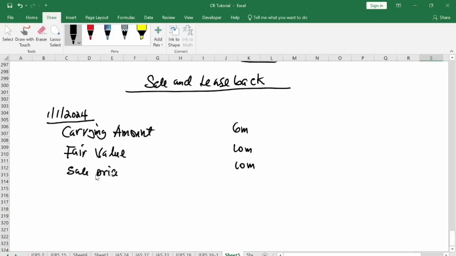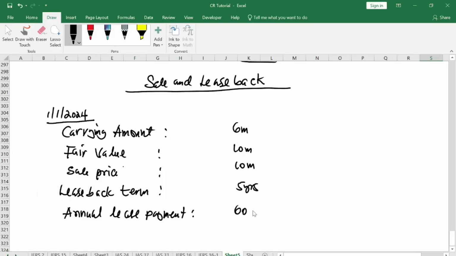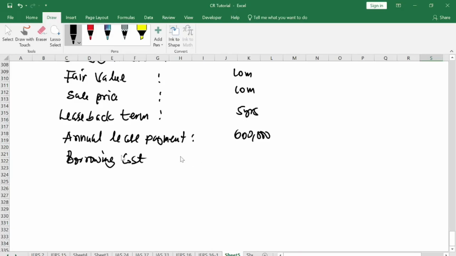The leaseback term is 5 years. The annual lease payment is 600,000. The borrowing rate is 5%. And the useful life of the asset is 40 years.